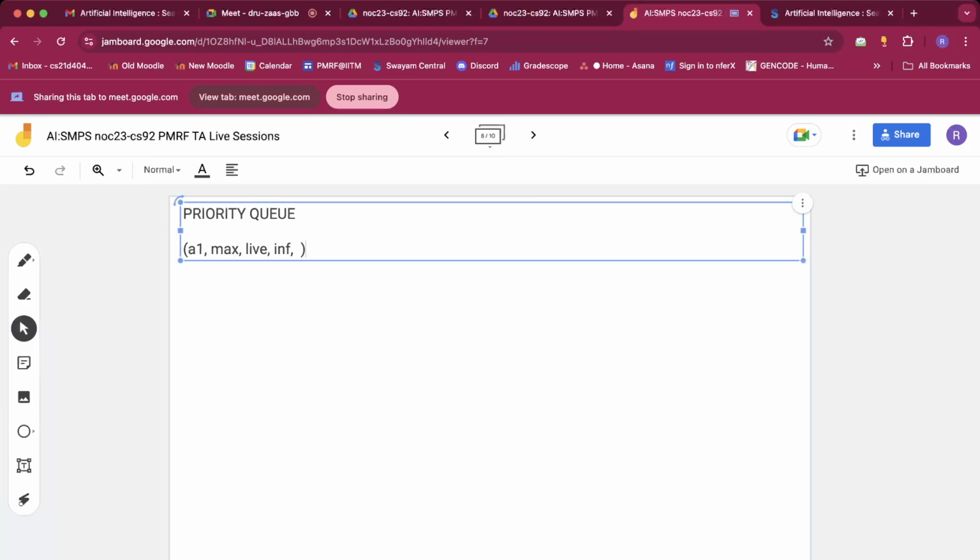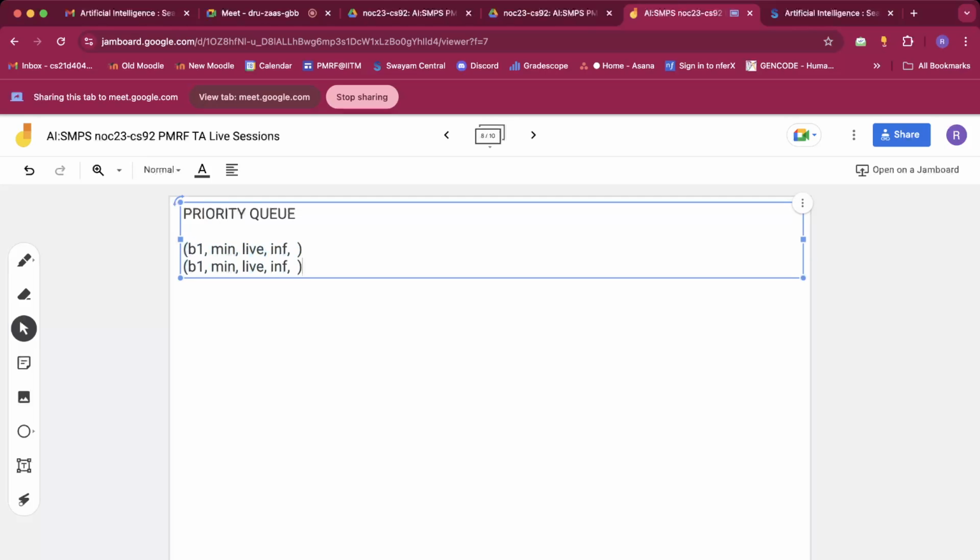We'll pop A1 and we will add B1, this will be a min node, again live and the same bounds, and B2 and B3 as well. So this is what our queue looks like till now.